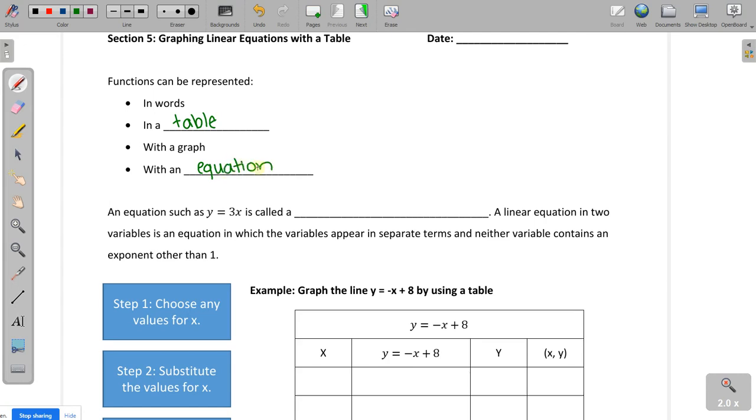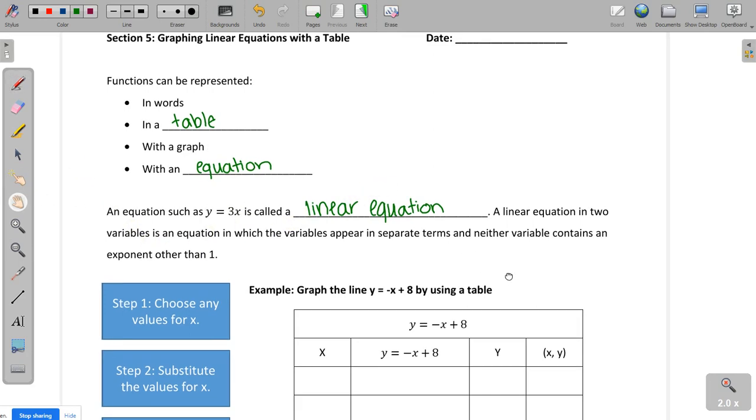An equation such as y equals 3x is called a linear equation. It's linear because the variable x, its exponent, is 1. So this is going to create a straight line when you go to graph it.